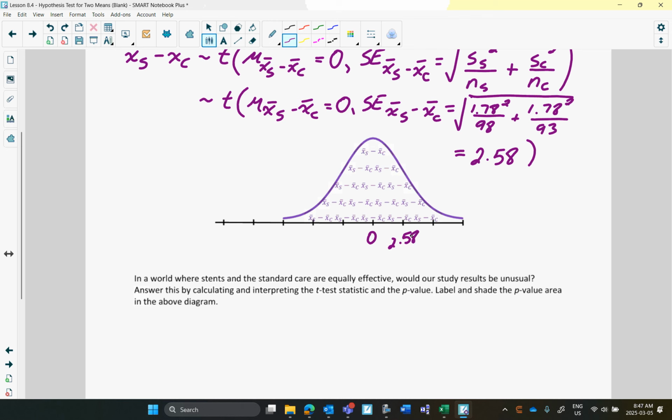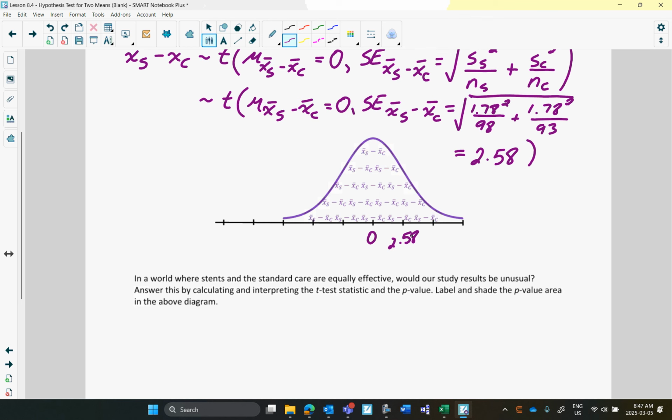This would be, sorry. Oh, wait. I got two different values. I got to do this again, because I got 2.58 and 0.258.